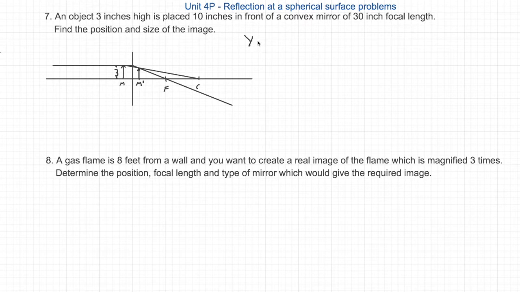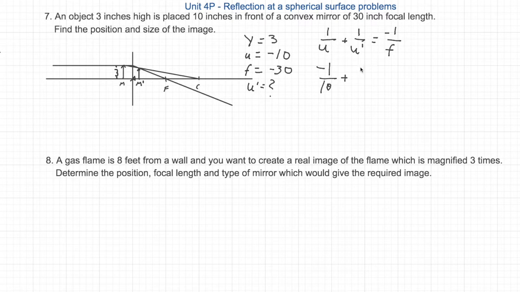We're given the size of the object is 3 inches, so y equals 3. The object distance, AM, goes from right to left. It's negative 10. The focal length is negative 30, FA, and we're finding u prime. Plug into our mirror formula.